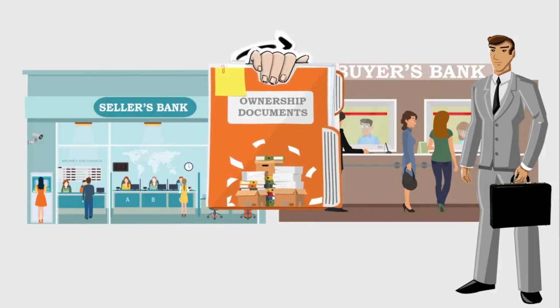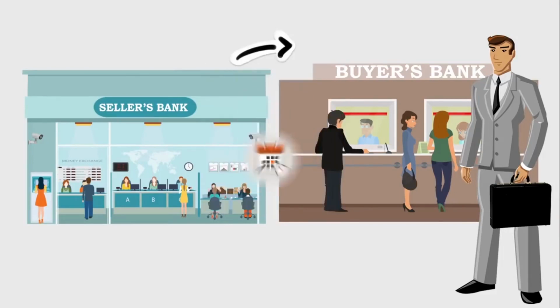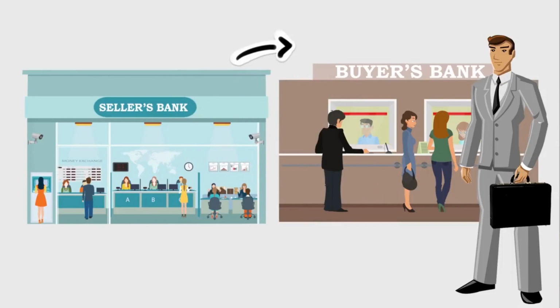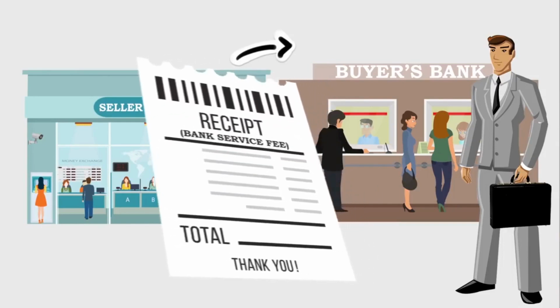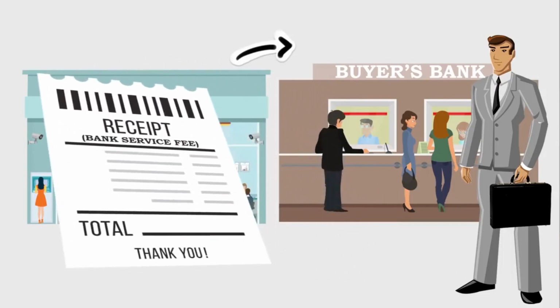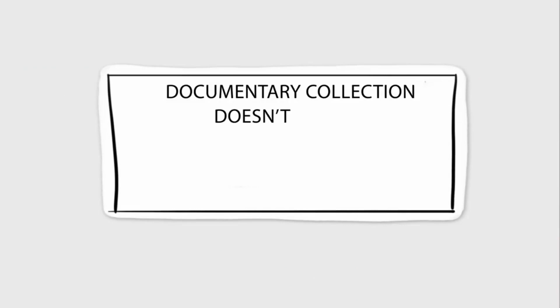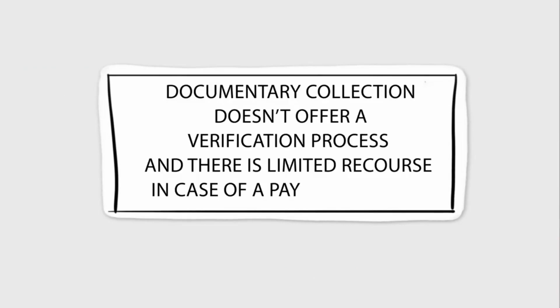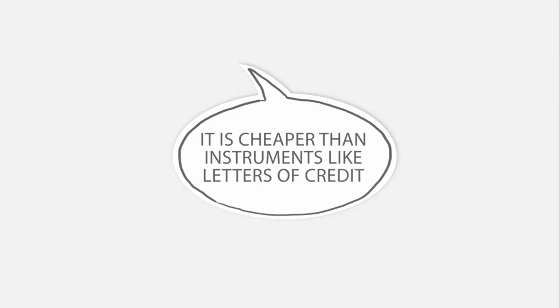Payment should be made at the maturity of the accepted time draft. The time draft is usually for 30 to 90 days. Banks charge a fee for such transactions. Documentary collection doesn't offer a verification process and there is limited recourse in case of a payment default. On the other hand, they are usually cheaper than instruments like letters of credit.